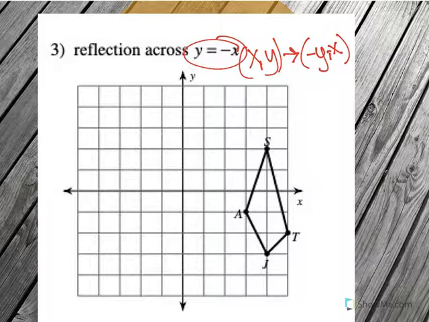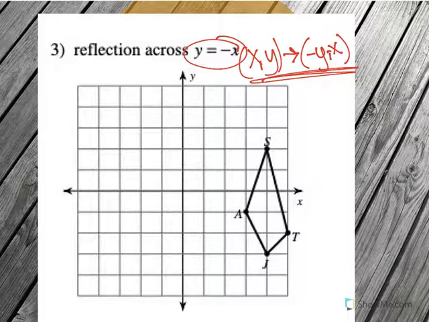Okay? So remember that you must write the rule on every one or you will not get full credit. Okay? So, we need to figure out what our points are.